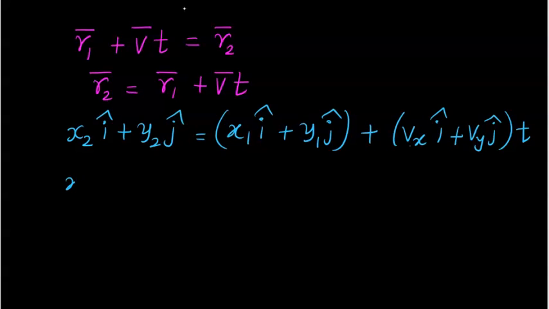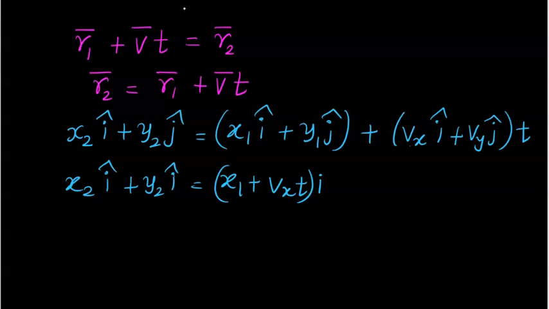If I combine the right hand side, this will be x1 plus vx times t i cap plus y1 plus vy times t j cap.